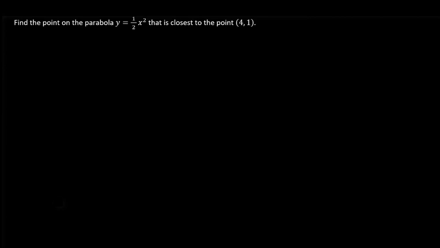Find the point on the parabola y equals 1/2 x squared that is closest to the point (4, 1). First, let's draw a picture for this question. The graph of the function y equals 1/2 x squared and the point (4, 1): 1, 2, 3, 4, is somewhere here.